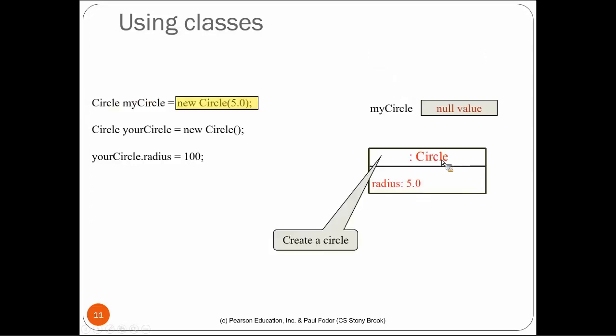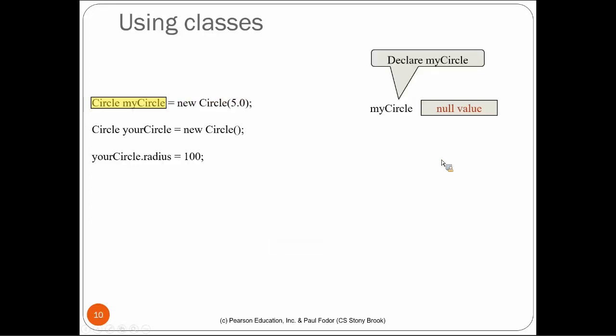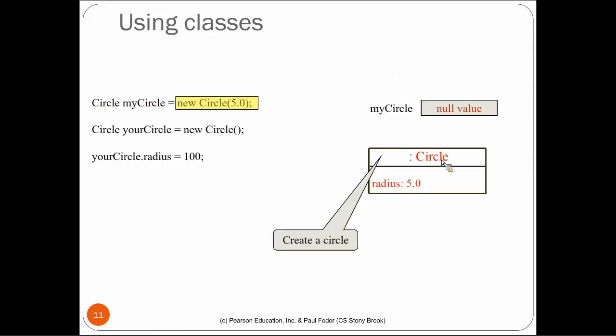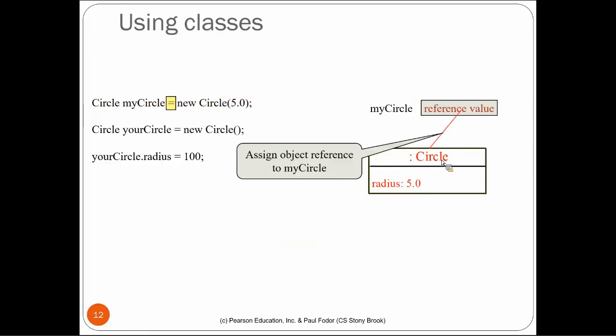So this will basically create a variable of the type Circle. It creates the new Circle of 5, creates an object in memory of the type Circle of radius 5, and then the reference value, the address of that specific circle, is written in the variable myCircle.